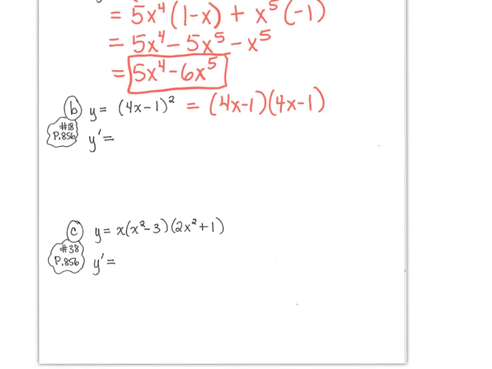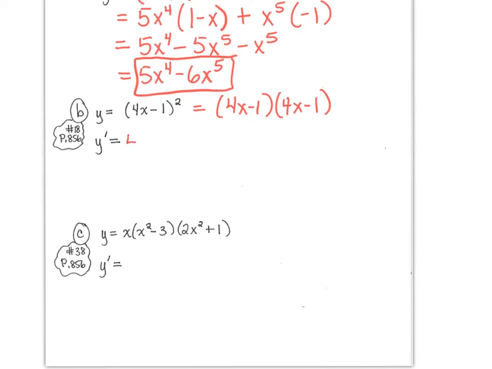All right. So how do we take the derivative here? Go for it. Be 4 times the quantity 4x minus 1.